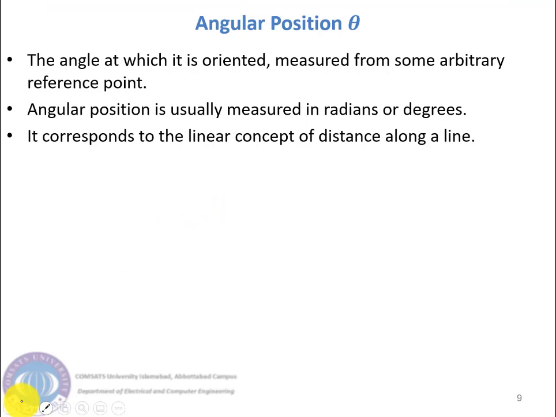Next, the angular position is the angle at which it is oriented, measured from some arbitrary reference point. It simply means that if we take this as the reference and measure this angle, that will be theta, and this is the rotating part, so at any instant we can find its position.